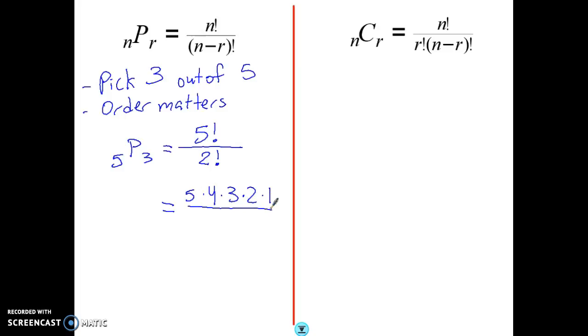And 2 factorial just means 2 times 1. You stop once you get to 1. Well, in this case, we can see some canceling here: the 1s cancel out, and 2 over 2 also cancels out to just be 1. So really, 5P3 is the same as just 5 times 4 times 3, which is just 60.